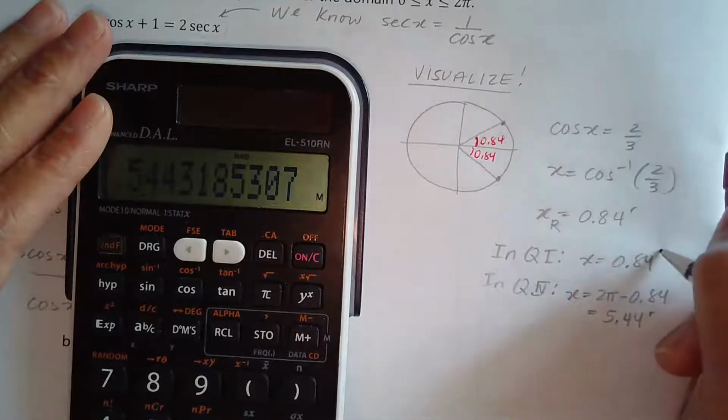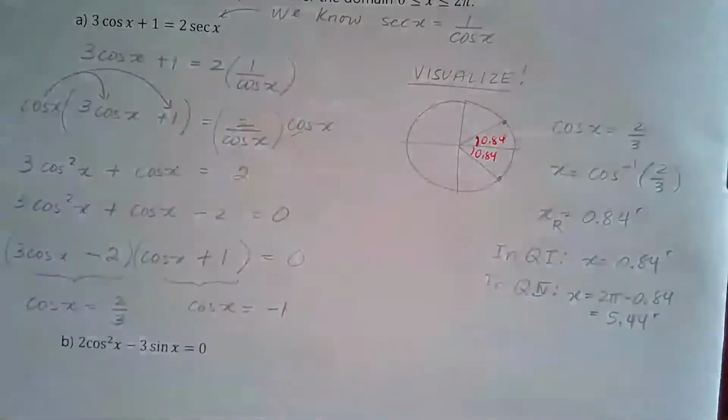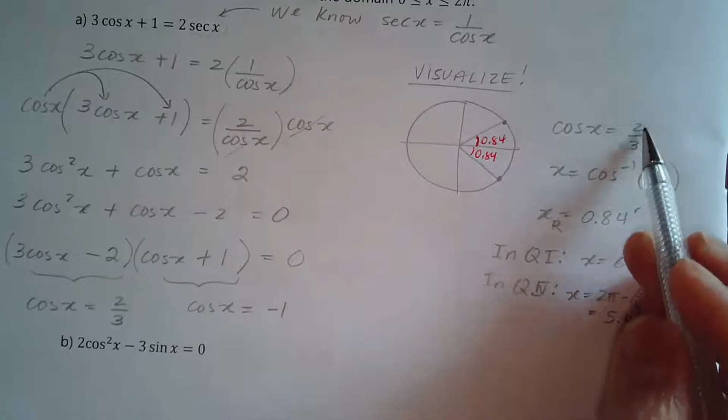And these are all radians, so we can put a little r there. So that's the answer for cos of x equals 2/3.